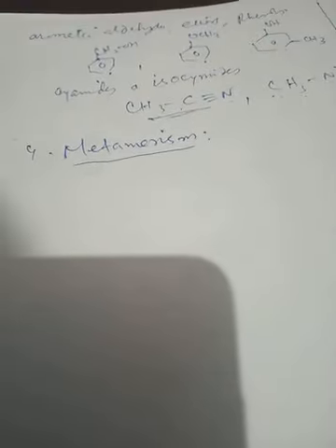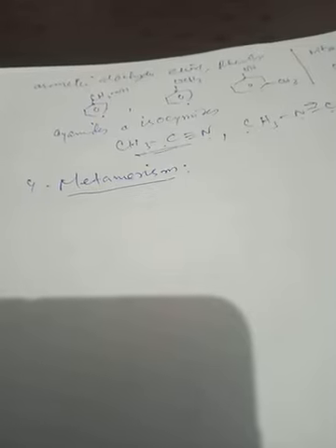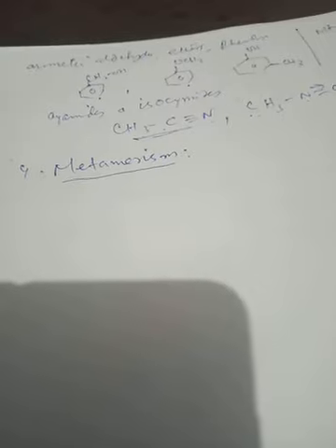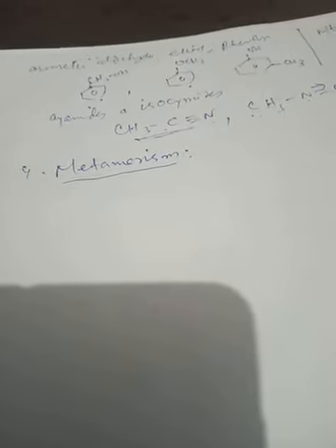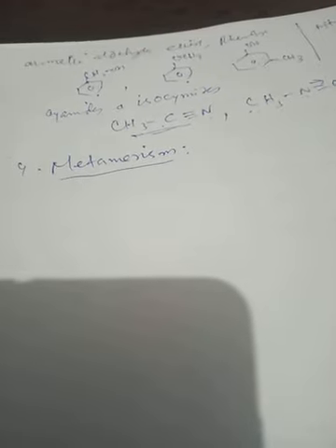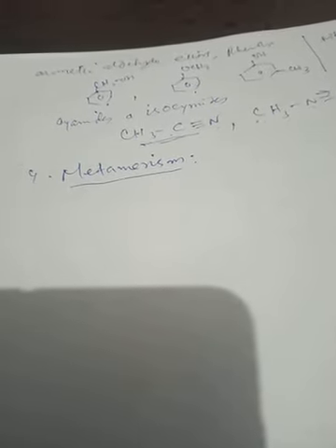Then there is another, the fourth type of isomerism, which is called metamerism. In metamerism, the compounds have the same molecular formula and the same functional group, but different alkyl groups present around the functional group.